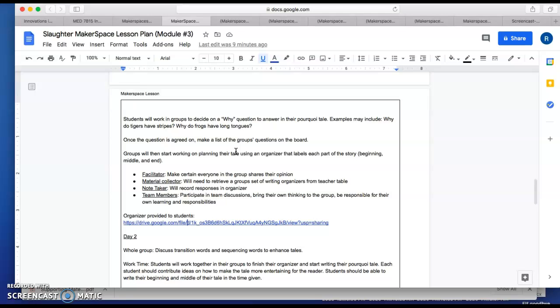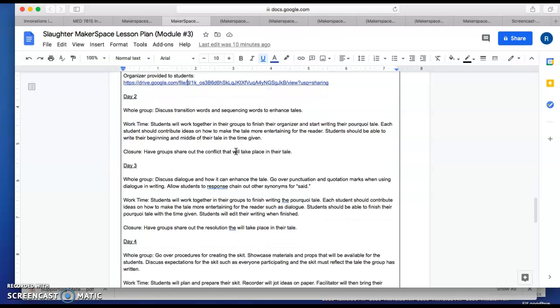Even though they're writing the same thing, I think it's helpful for all students to follow along so that no students are lost in this process. And then the team members are all of the students in the group. They participate in team discussions, they bring their own thinking to the group, and they're responsible for their own learning and responsibilities.